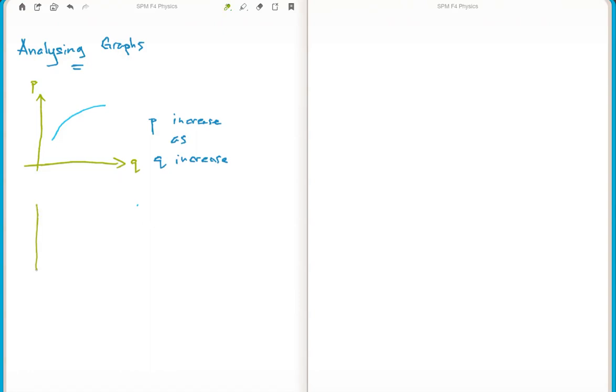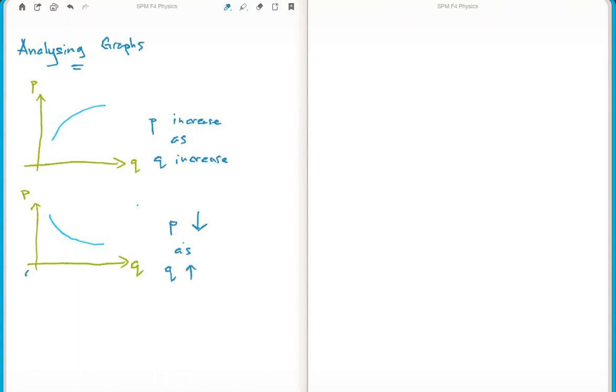Likewise, if it's the other way around, Q and P go down, then obviously this one is straightforward: P decreases as Q increases.